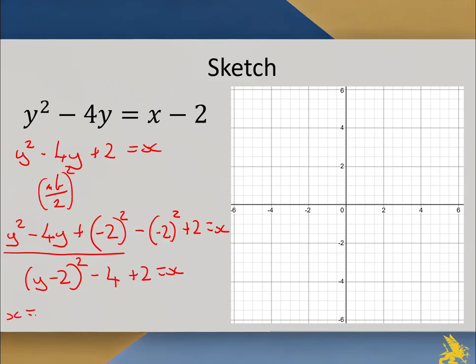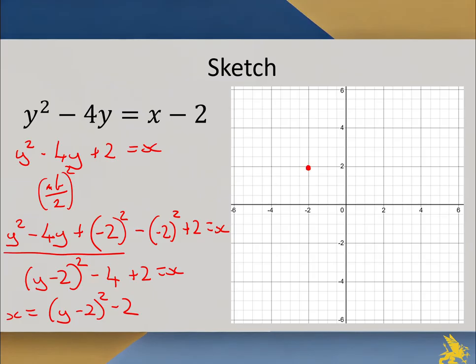So x will equal y minus 2 squared, take away 2. So we're doing exactly what we've done before. This gives me my turning point. So my turning point will be when y is 2, x is going to be negative 2.